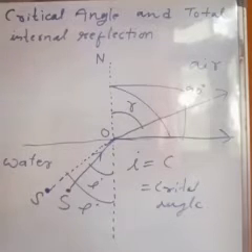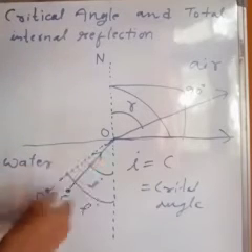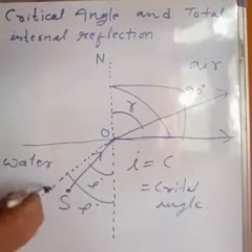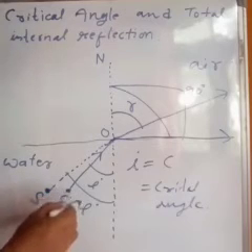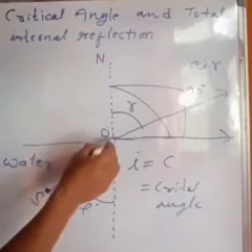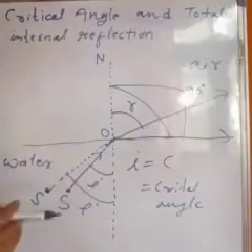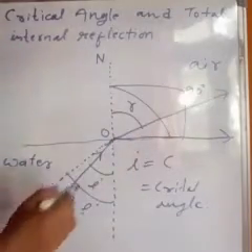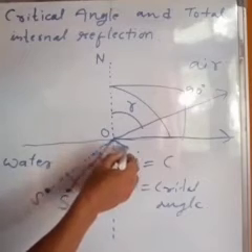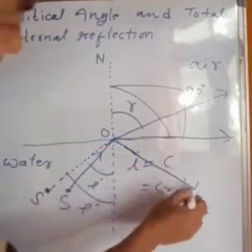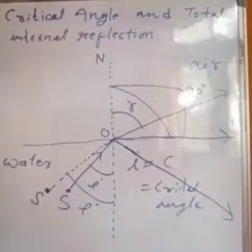Now we'll get three cases. If the angle of incidence becomes less than the critical angle, then the ray will go outside into the air at less than 90 degrees, and a few parts will also be reflected inside. Clear?